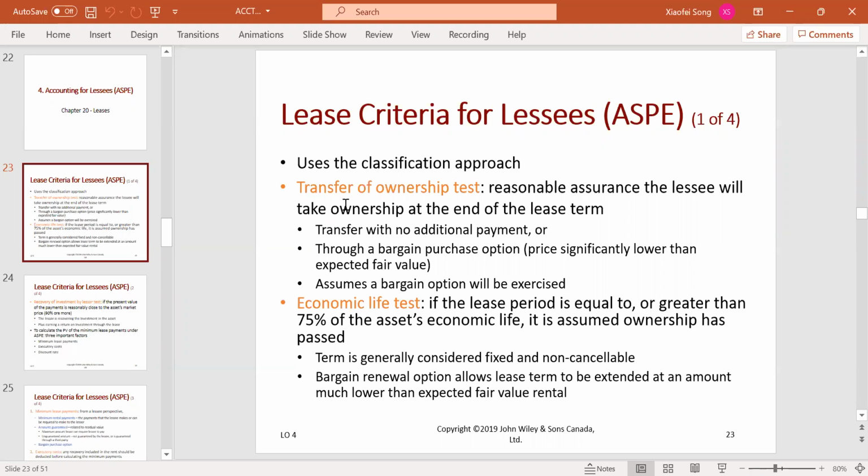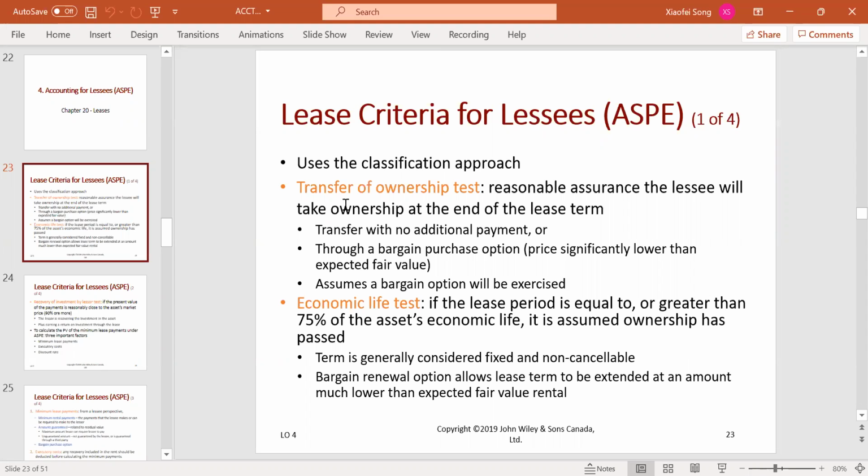The second one would be if there is a purchase option and the purchase price in this purchase option is significantly lower than the fair price. Under ASPE, it's called a bargain purchase option. So the idea is we're rational people, and if you have a bargain, you take it, right?